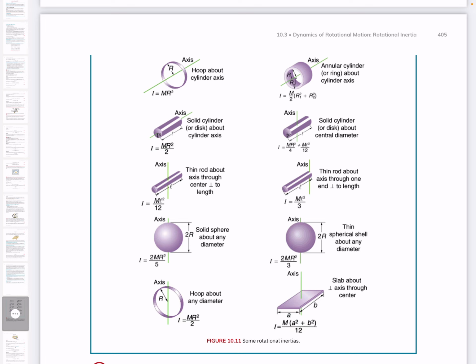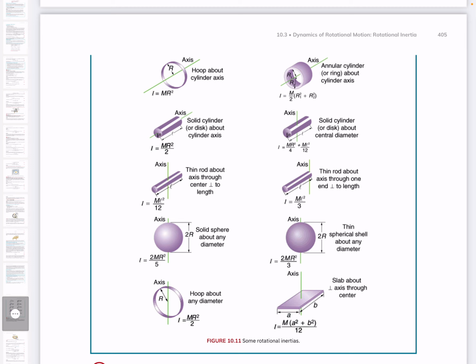It's not a thin rod, it's a solid cylinder or disc, so it'll be on the right, second one down. And it's a solid cylinder or disc about the central diameter. No, we don't want that one. We're going to go to thin rod about the axis through the center, perpendicular to the length. Okay, that's the one we want.